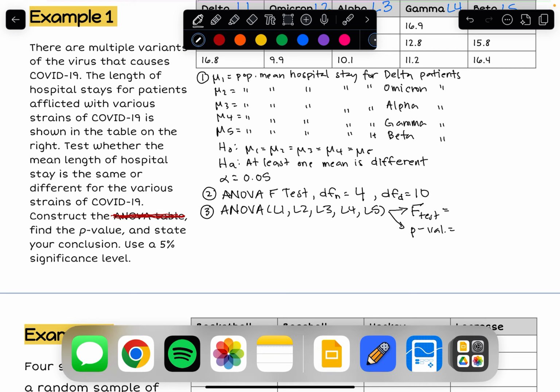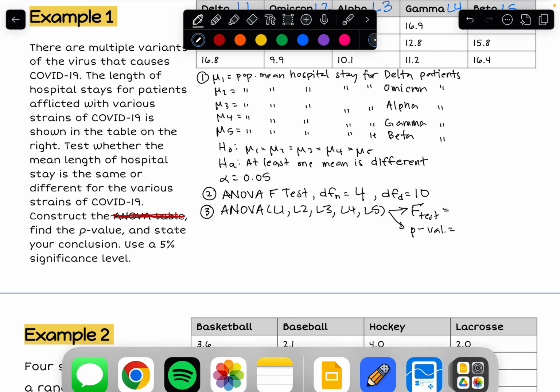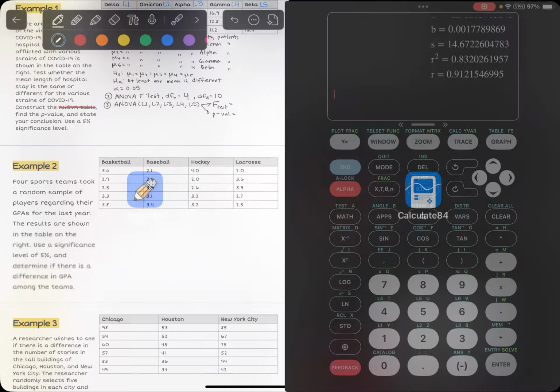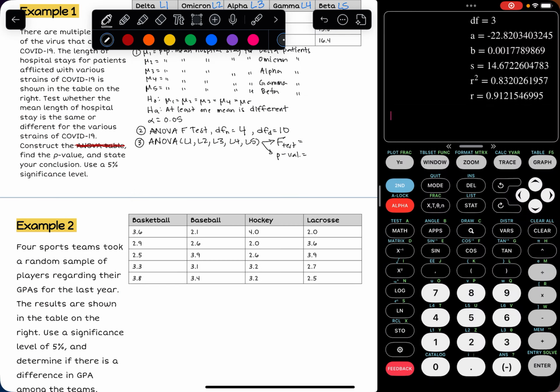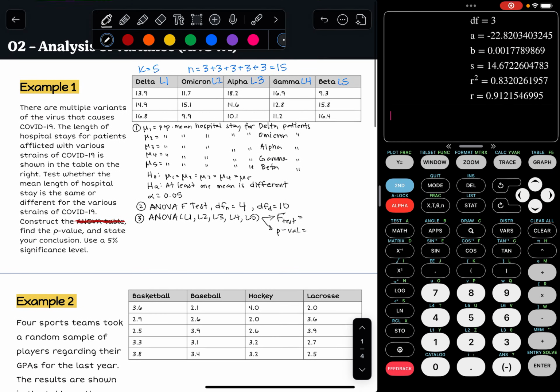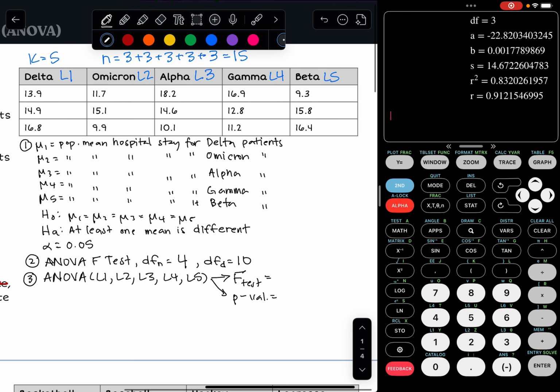Yeah, that didn't work quite like I wanted it to. Try that again. All right, so I want to get this data in a calculator.